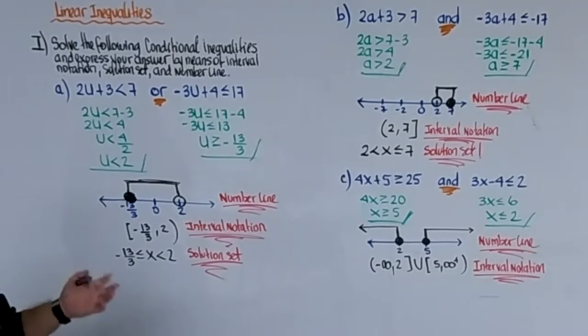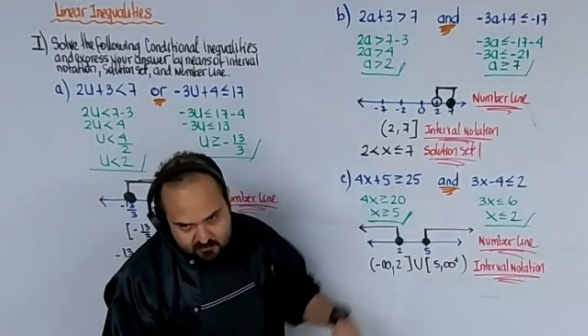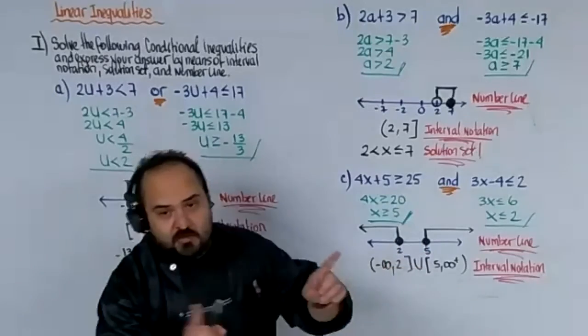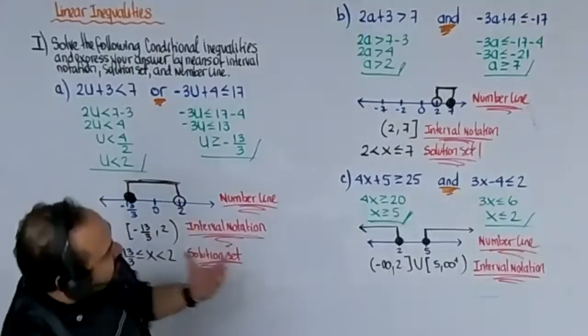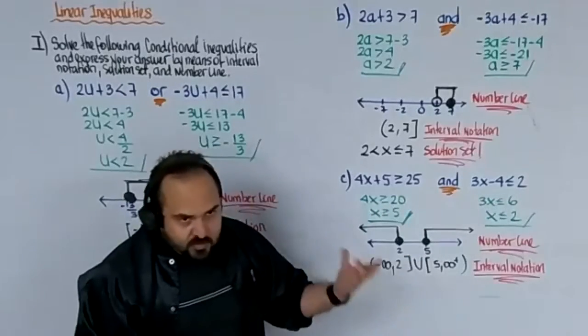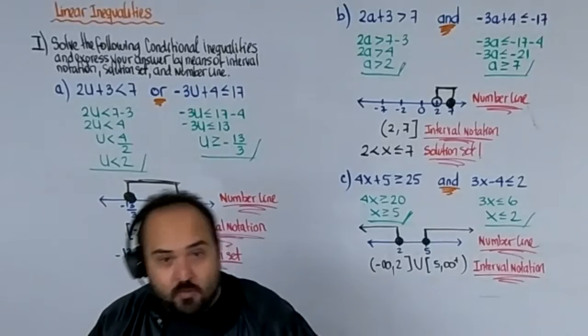And finally, the solution set. Someone says, okay, Mister, we have to use the word and or or? In this situation, even though we have the word and, because the arrows move in opposite directions, I'm going to join these two in a solution set using the word or, because or is one condition or the other.